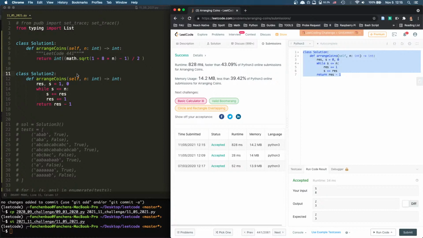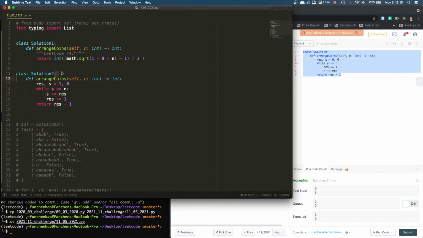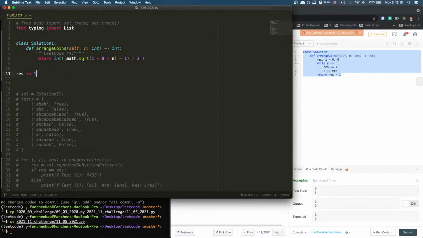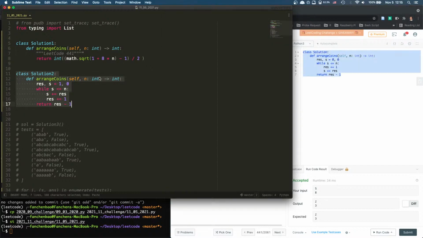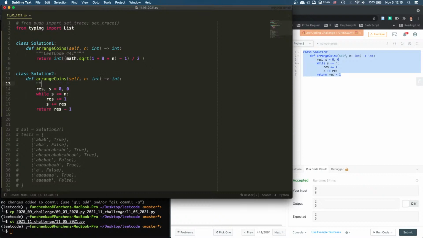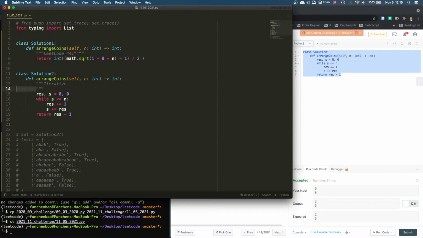Oh, wow. If you do this, it's much slower. I see. So this is iterative, right? Iterative. Then this is math.